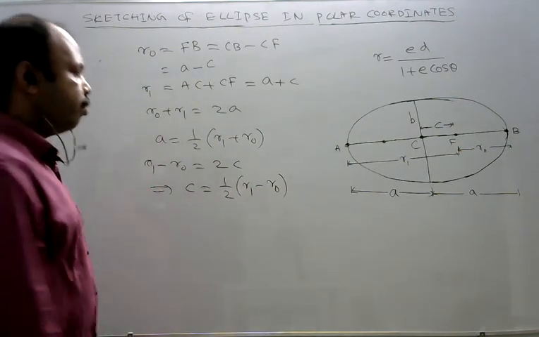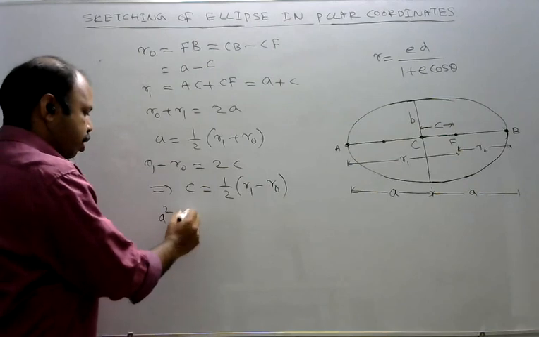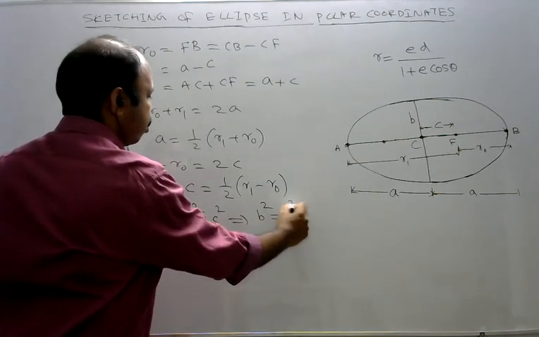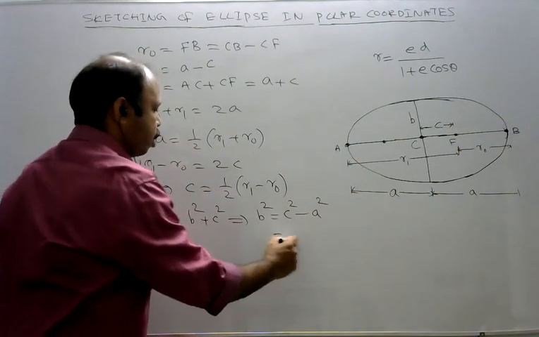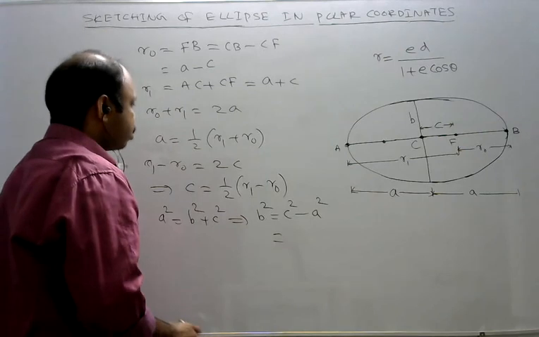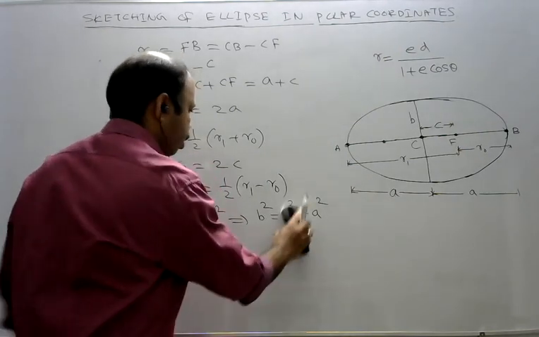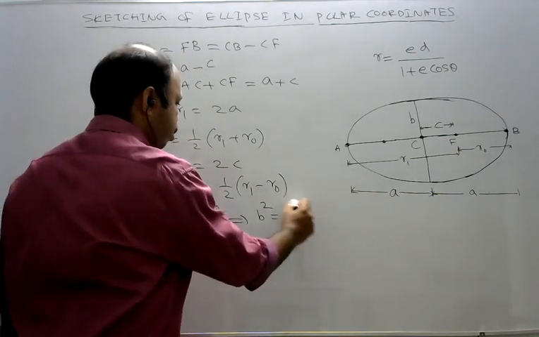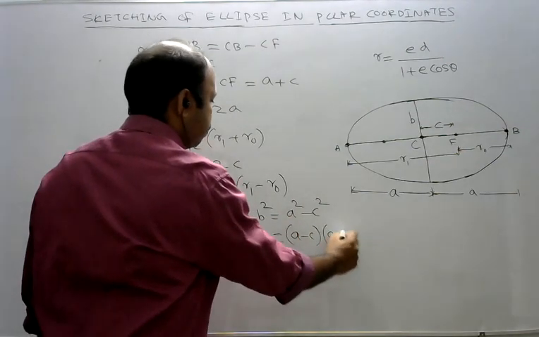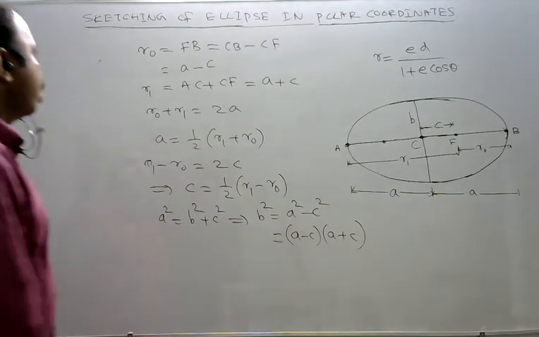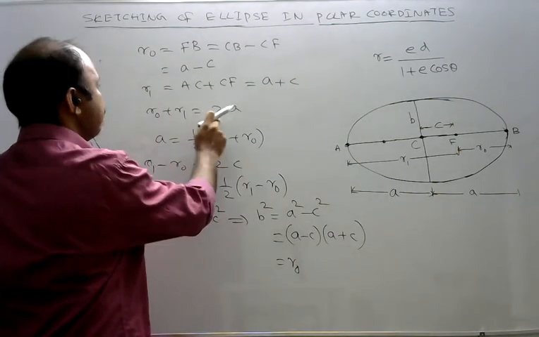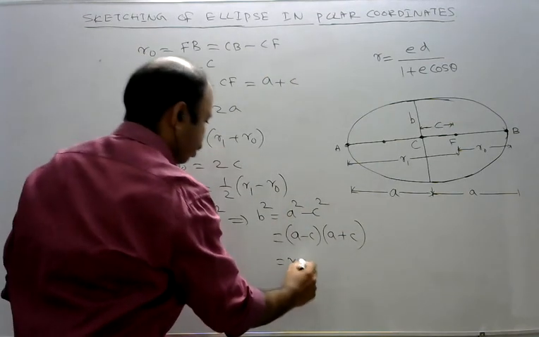Also, we know that for an ellipse, A square equals B square plus C square, or B square equals A square minus C square, which means A minus C into A plus C. A minus C is R0, A plus C is R1.